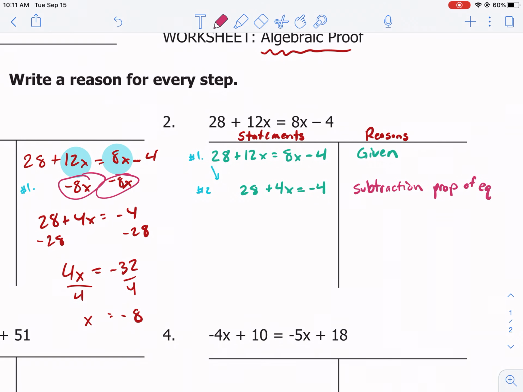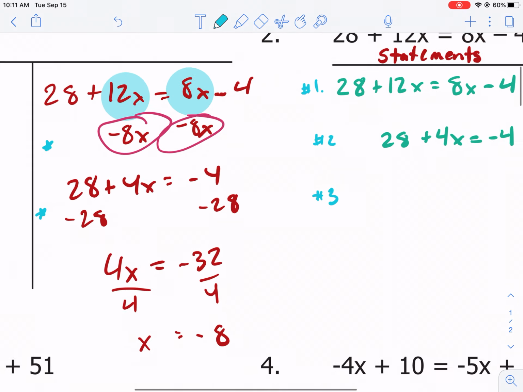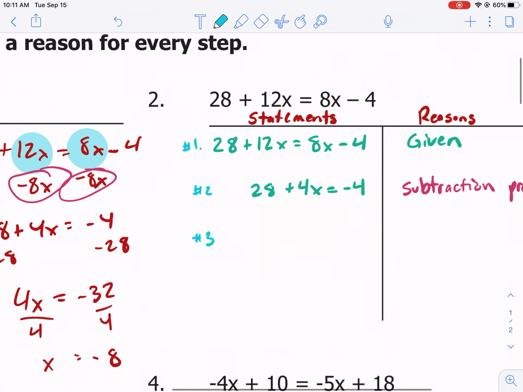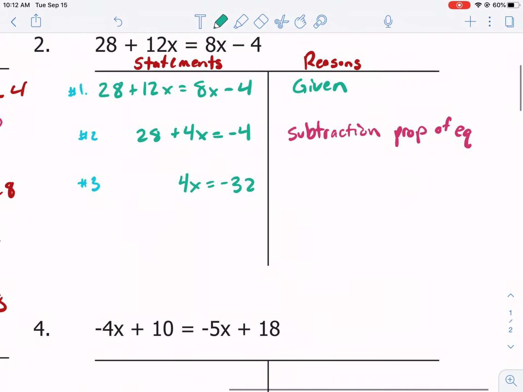Now the second step, notice how I switched to stars. What did we do? Well, we subtracted again. So what did we get after we subtracted? Again, we want just the result of what happened. We got 4x equals negative 32. How did we get to step 3 from step 2?